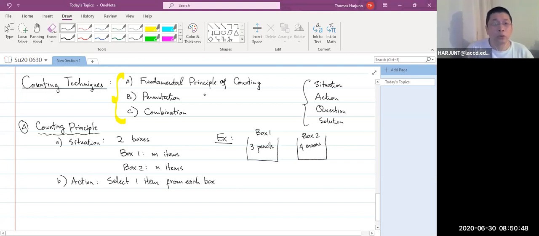So what we will do, we will select 1 item from here, and we will select 1 item from here. Okay, now the question is, how many different pairs possible?